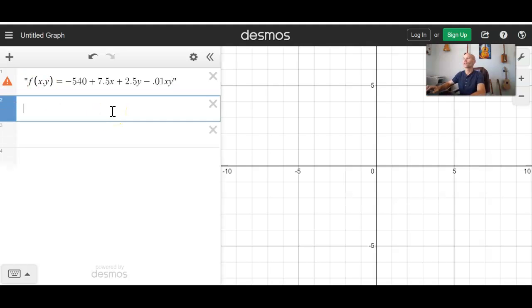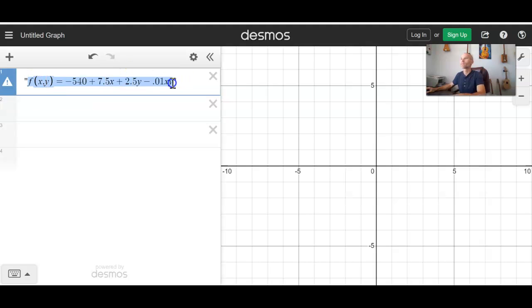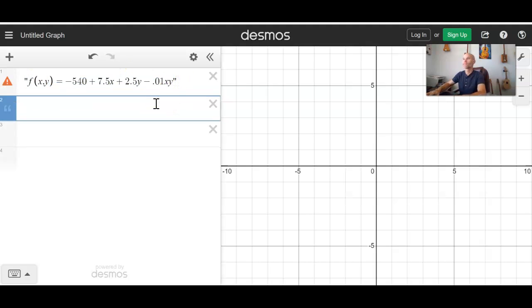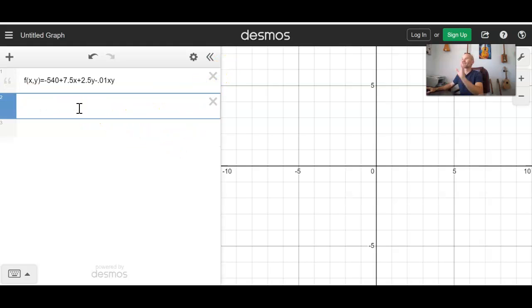I'm going to turn this into a text entry, and because I can only use y and x in Desmos, I'm going to let y represent the output, which is actually z in this case. So I'm going to use x and y to actually represent z and y. I'll explain this in a second.